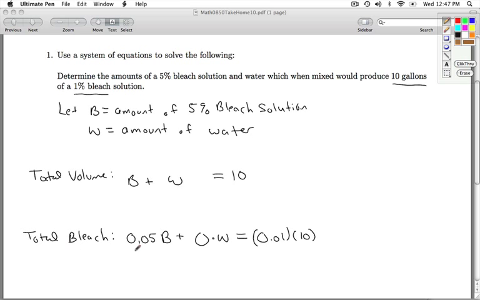Okay, so the total bleach comes from the amount of bleach in the 5% plus the amount of bleach in water, which has to equal the amount of bleach in the final solution. So if I clean this up, I get B plus W is 10, and I get 0.05B plus 0 equals 0.1.